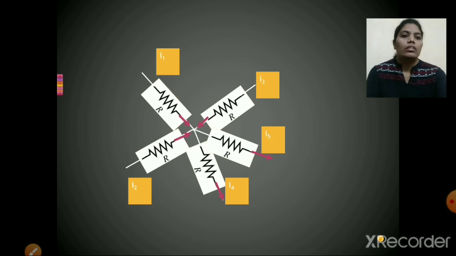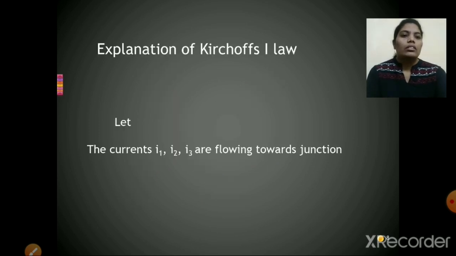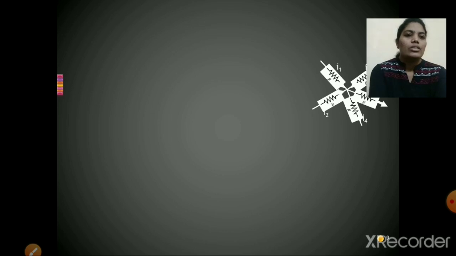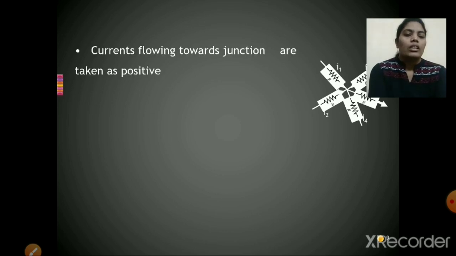Let the currents I1, I2 and I3 go towards the junction, and I4 and I5 flow away from the junction. Currents flowing towards the junction are taken as positive.